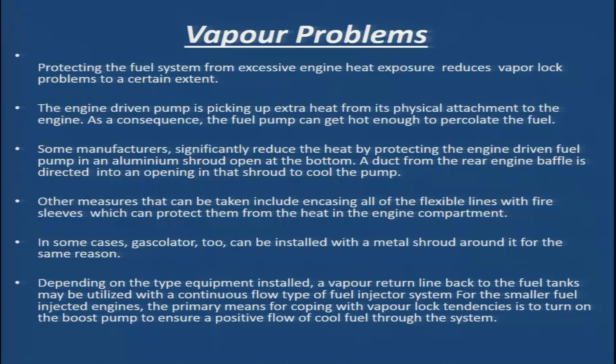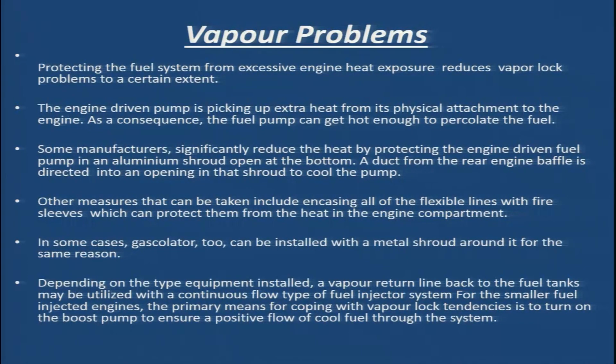Depending on the type of equipment installed, a vapor return line back to the fuel tanks may be utilized with a continuous flow type of fuel injector system. For the smaller fuel injected engines, the primary means for coping with vapor lock tendencies is to turn on the boost pump to ensure a positive flow of cool fuel through the system.